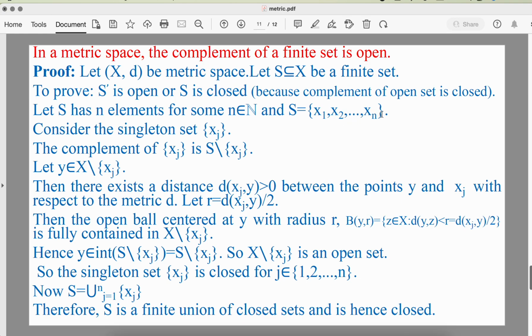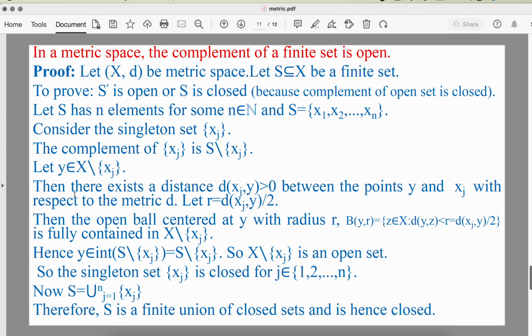Suppose we consider a singleton set {xj}, where j may be any one of 1, 2, 3 up to n. The complement of {xj} is X minus {xj}. Let y belong to X minus {xj}.